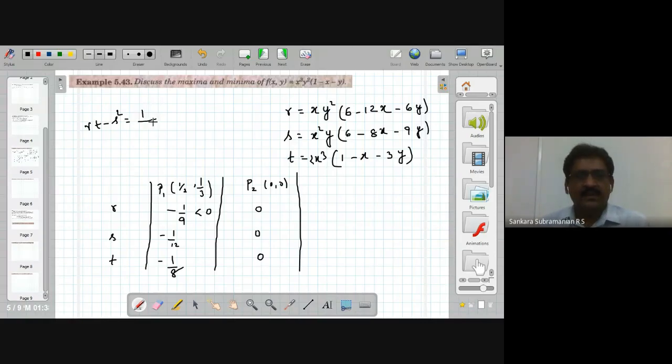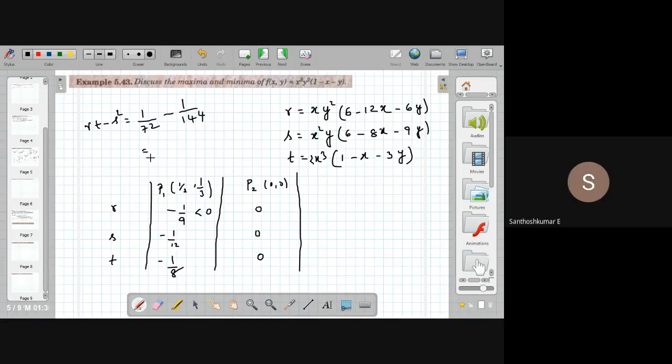So 1 by 8 is 9, it's 72. 8 is 64, 9 is 72. RT minus S square, squaring S is 1 by 144.